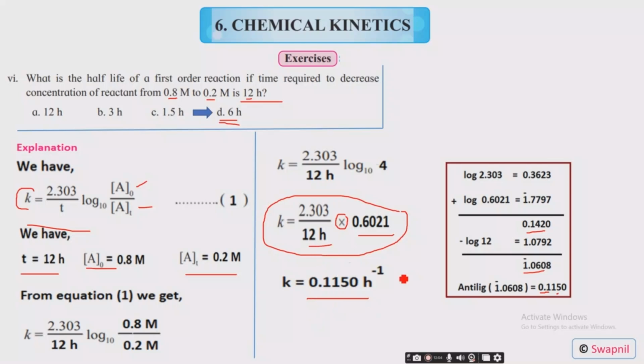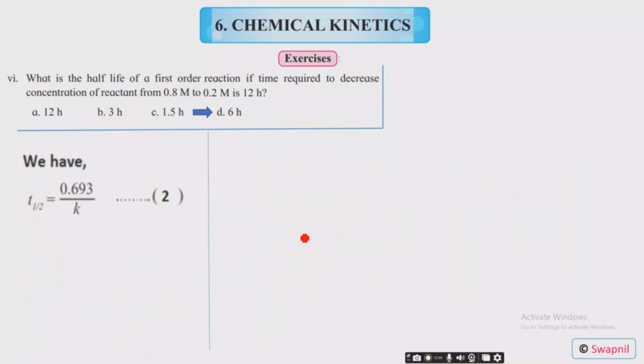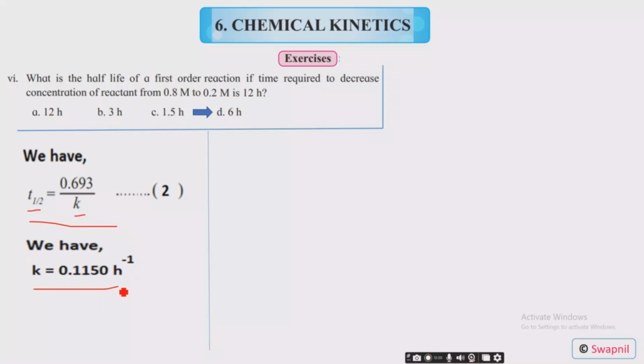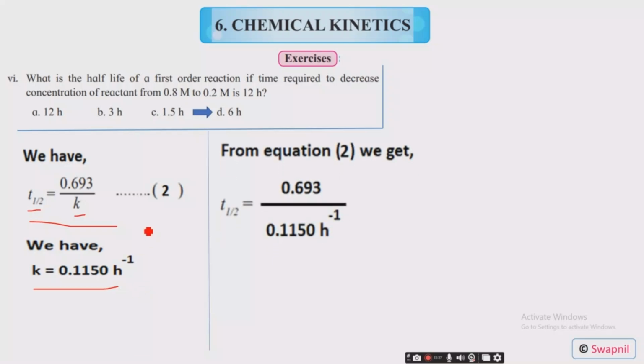So next, we have to calculate the half-life. The half-life of a first order reaction is given by T half is equal to 0.693 divided by K. Here T half is the half-life of the first order reaction, and K is the rate constant of the first order reaction. So we have K is equal to 0.1150 hour inverse. By substituting the value of K in equation 2 we get T half is equal to 0.693 divided by 0.1150 hour inverse.